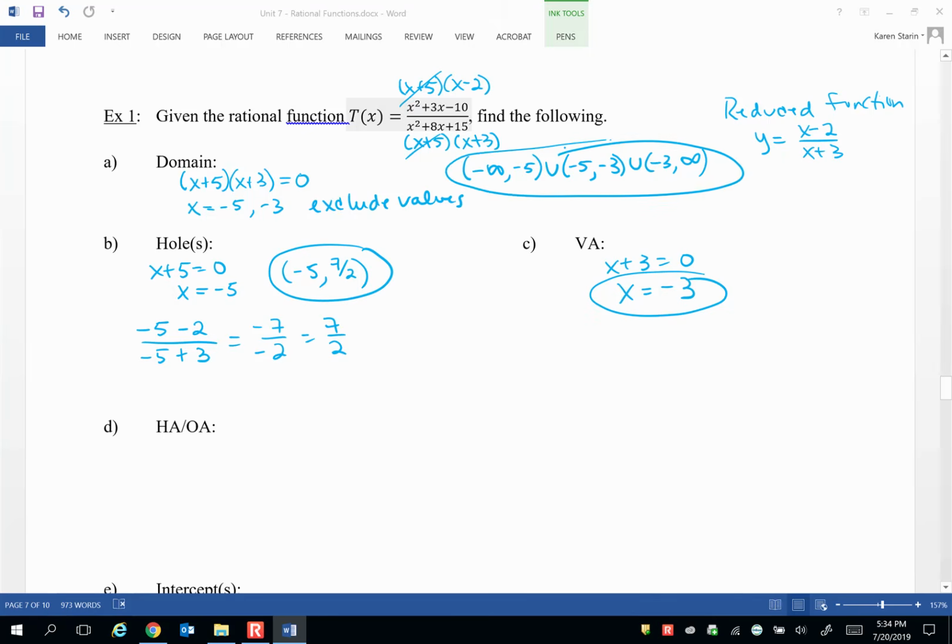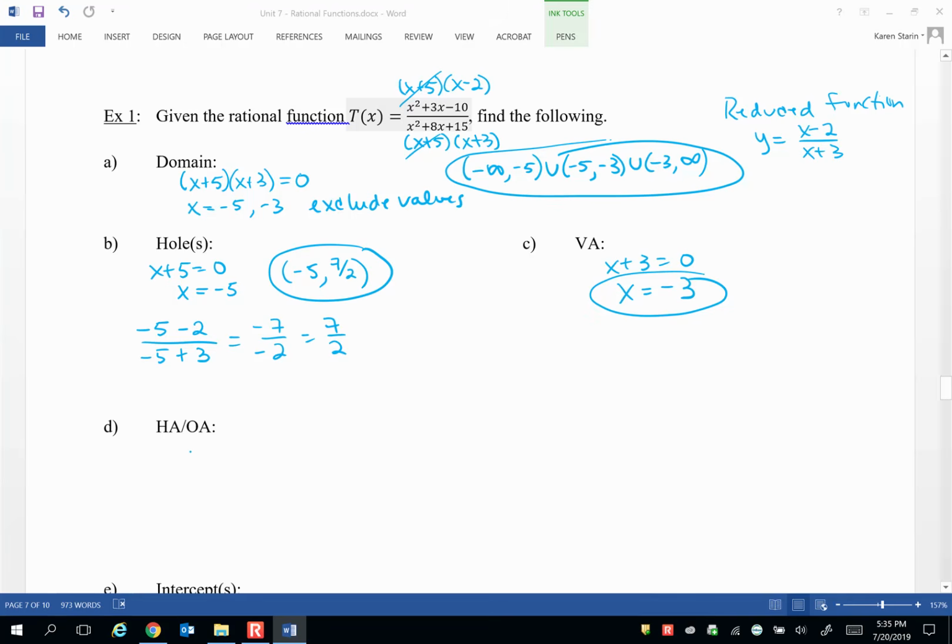Now let's look at the degrees of the numerator and the denominator and compare them. So when I look at the reduced function, I have a degree of 1 in the denominator and a degree of 1 in the numerator. So I just have to compare.